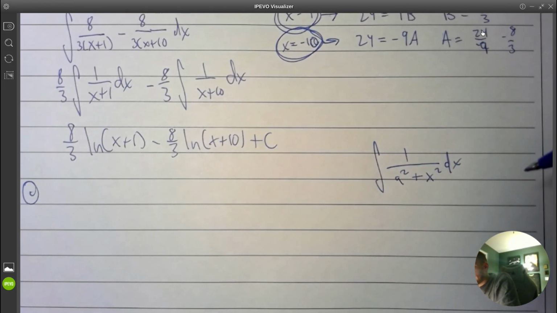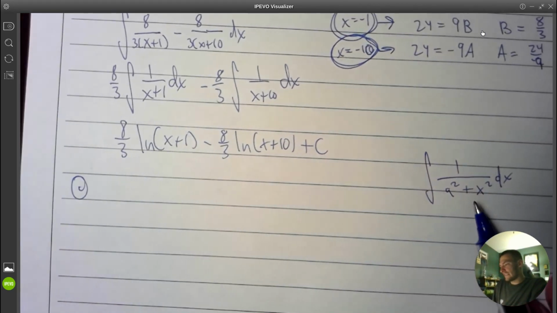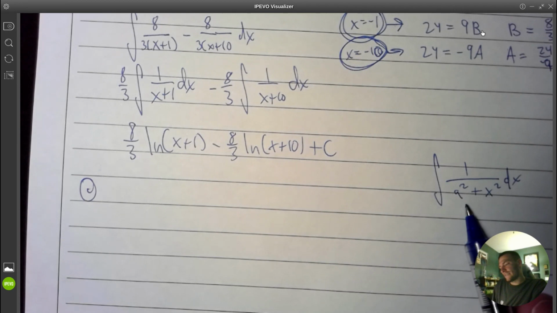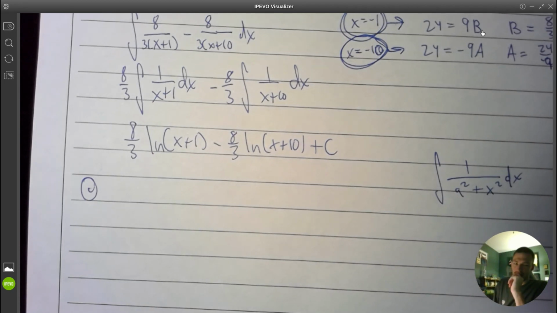That means I need to set this up with complete the square, which is easy. Any number I choose could complete the square. But I want this A to be a perfect square.